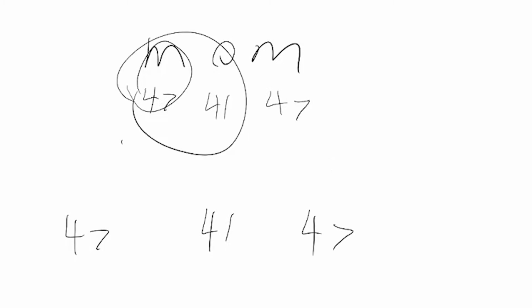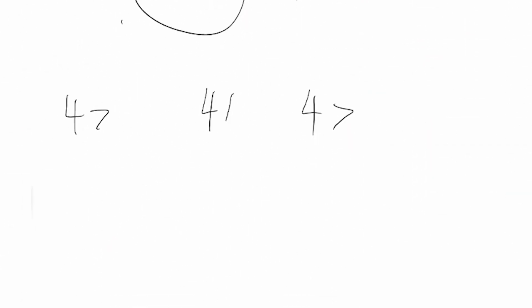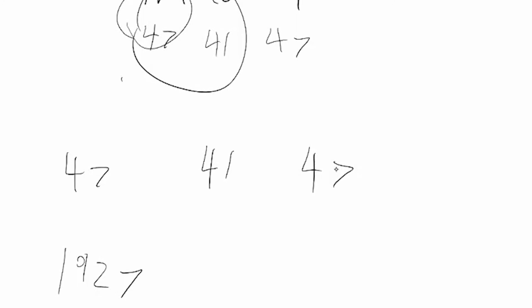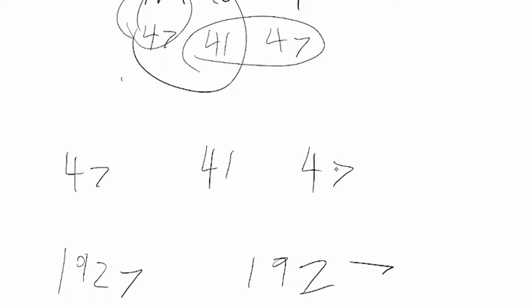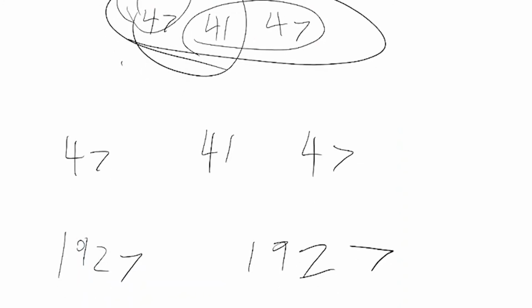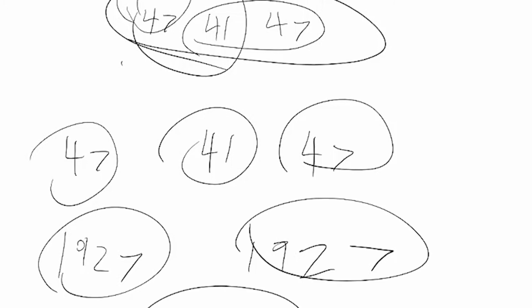Then we also get these multiplied together, which was 1927. And we also get OM, which is 1927. And then we also get all three of them multiplied together, which is some big number, 90,569. So basically what it's doing is computing all of these and storing them in a hash map.